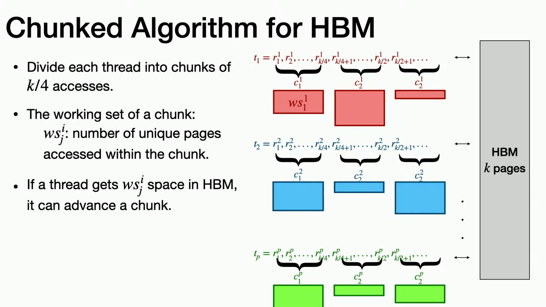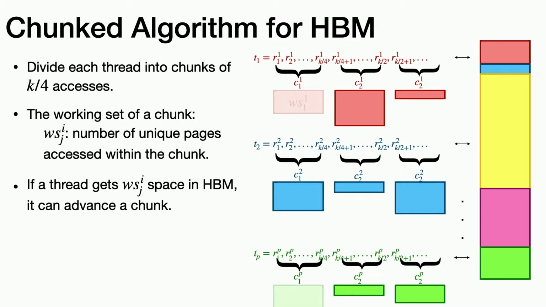And then if a thread gets a certain amount of space on the HBM, what we know is that if the amount of space it got was bigger than the working set, then it can finish the whole chunk. Now, if it's smaller than the working set, it might still make progress, but we don't know how much. So pessimistically, we can say maybe it made no progress or very, very little progress.